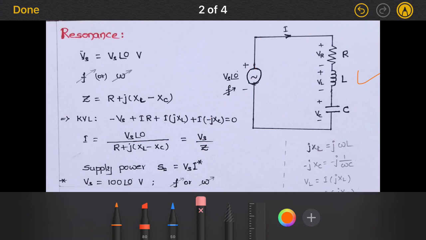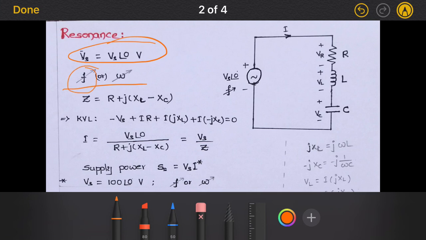Now, coming to the expressions of this circuit, supply voltage Vs equal to Vs at an angle 0 volts, and the frequency is variable, either in angular frequency form or normal frequency form. R, L and C are all connected in series.